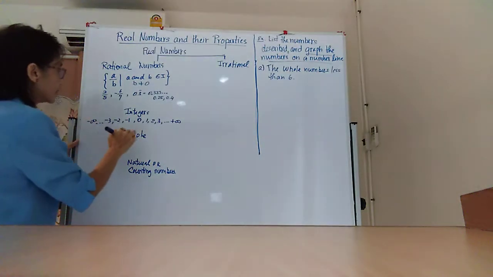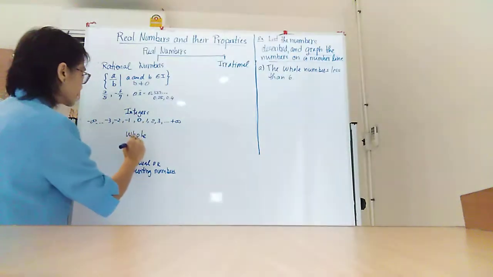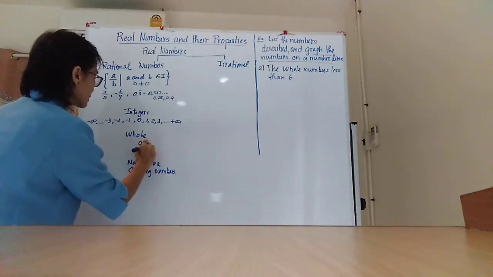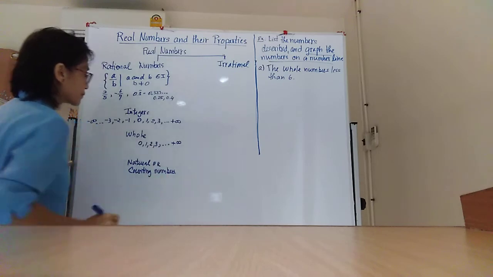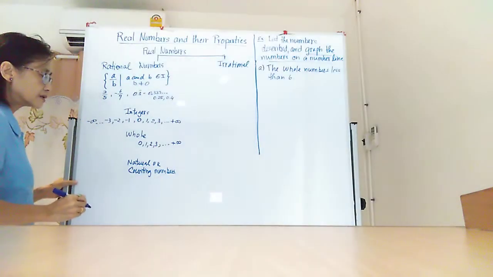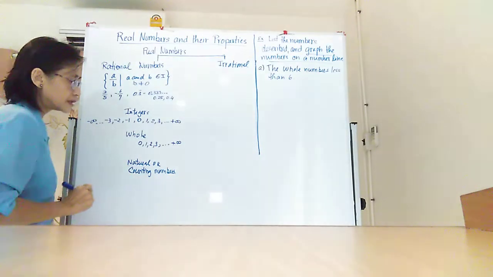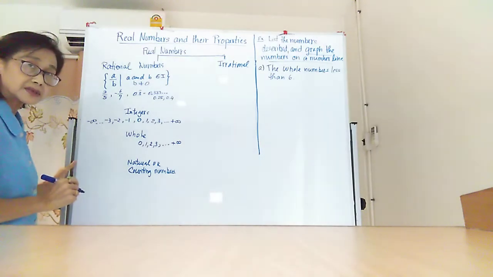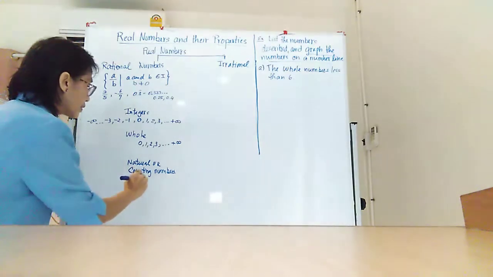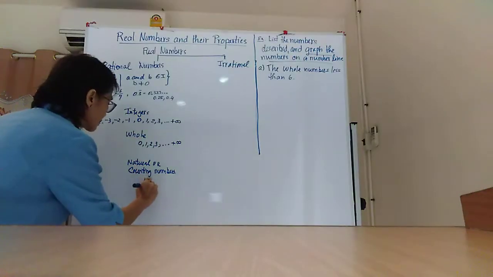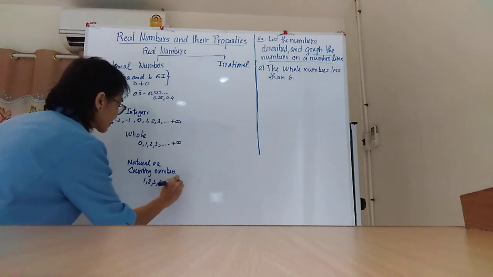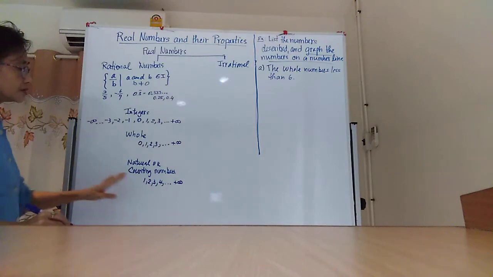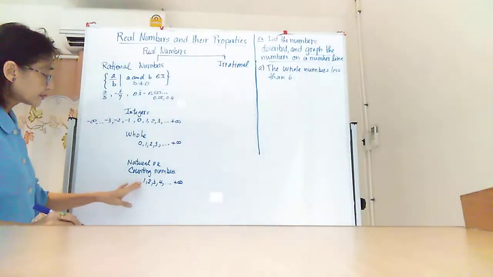The next one, whole numbers. Whole numbers start from 0, 1, 2, 3, and so on until plus infinity. What are the natural numbers or counting numbers? These start from 1, 2, 3, 4, and so on until plus infinity. Okay, so you can observe, right?